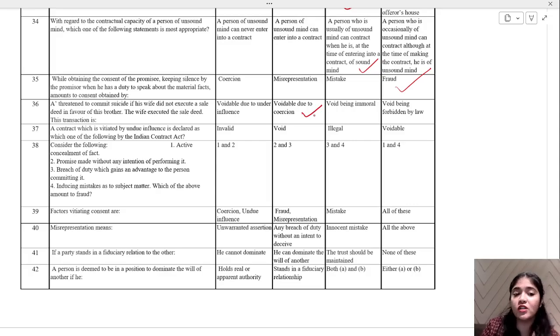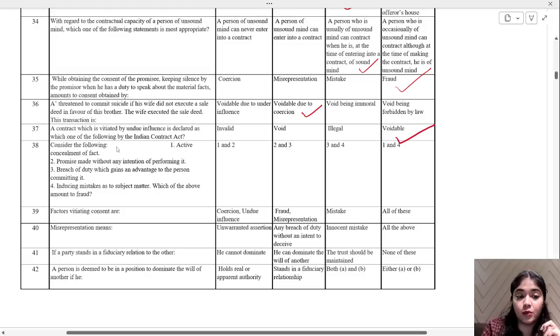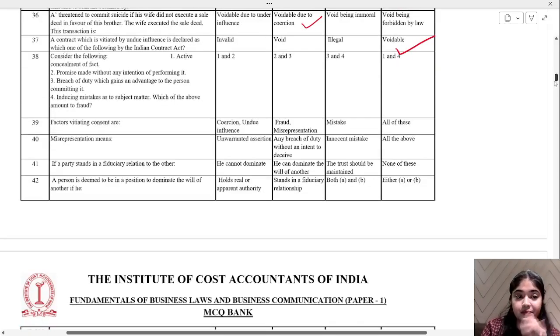Suicide comes under coercion. A contract which is vitiated by undue influence is declared as which one of the following by the Indian Contract Act? It is a voidable contract. Undue influence, fraud, misrepresentation, coercion, all these come under voidable contracts.